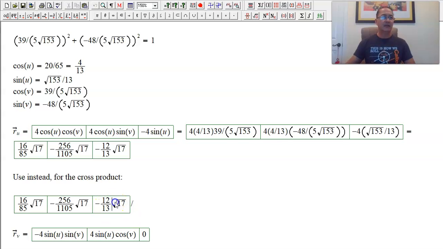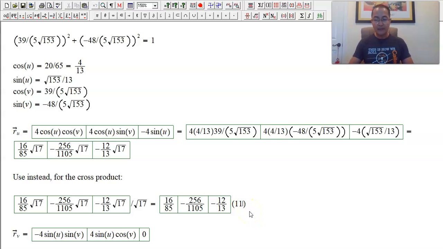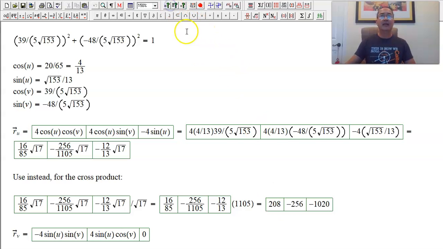So first, square root of 17 goes away, and we get this. Is 1105 the LCD of the 3 denominators? One way to find out, multiply everyone by 1105, and yes, they all go away.